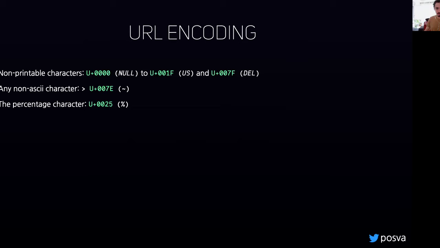Then we have the percentage character itself, which of course needs to be encoded because it's used for encoding. And what is funny is that we have a different set of rules for the path, the query, and the hash. The hash requires you to encode the space, the double quote, the less than, greater than, and the backtick.